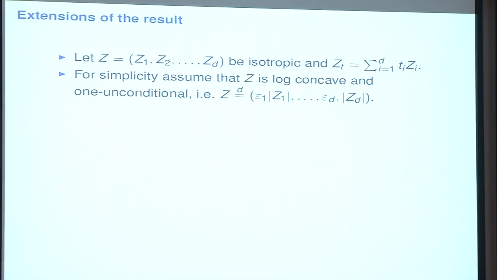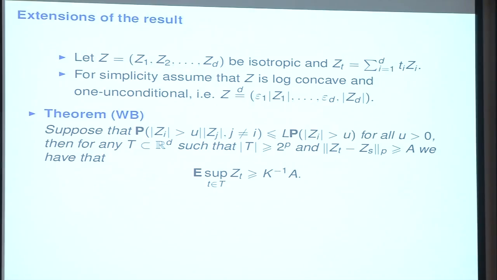And my small comment about the dependent case. The dependent case is difficult because we need the Sudakov minoration, and the minoration is a challenge. We do believe that the Sudakov minoration works in the following setting, when there is an isotropic log-concave vector which satisfies the one-unconditionality condition, which means the distribution is of this type.